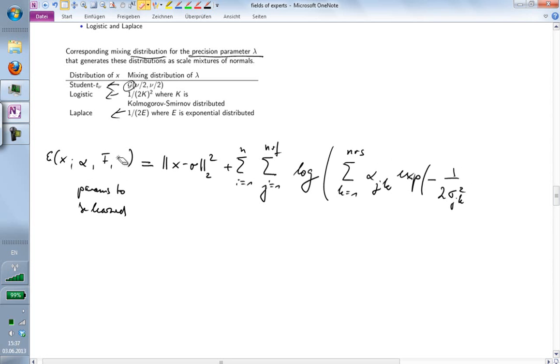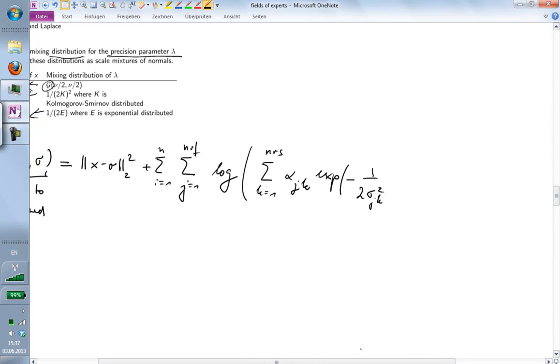Now I can read my own handwriting. This was meant to be a sigma here. I omitted the observations. And then again, we have responses to various filters, here only for the i-th pixel.